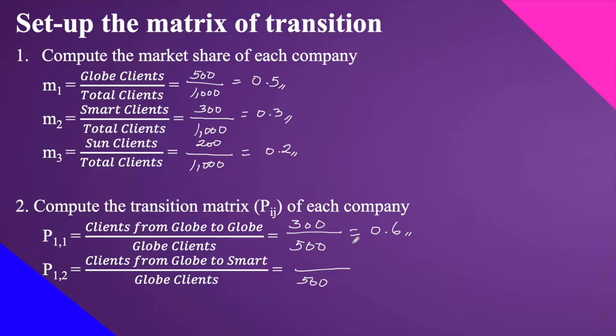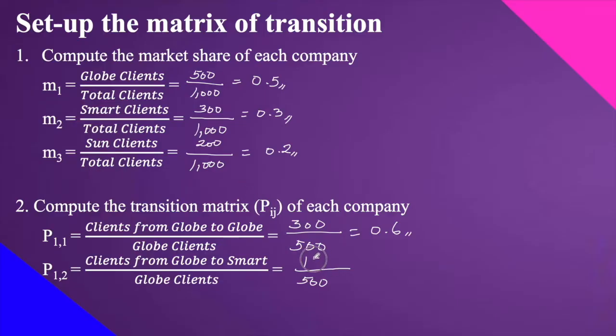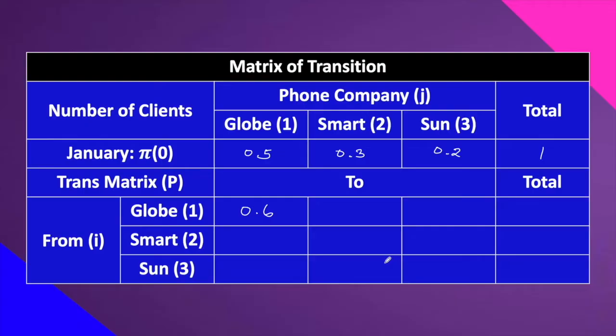And Globe to Smart is 150. Always look at the from-to. So, we have here 150. 150 divided by 500 is equivalent to 0.3. So, let's write it in our matrix of transition: 0.3.